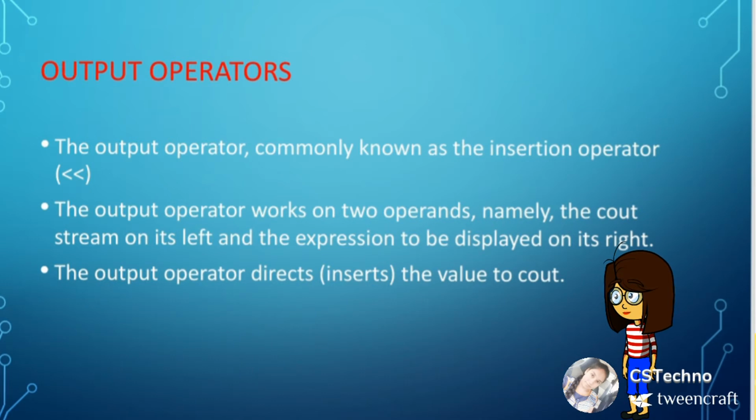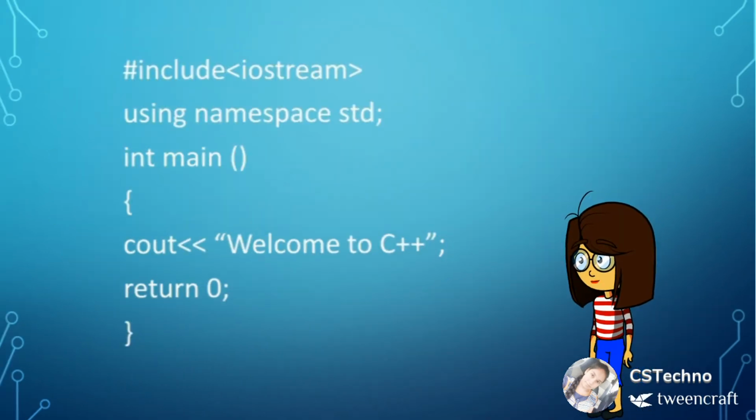Now we'll see an example for output operators. Usually, all C++ programs begin with the include statement, starting with the hash symbol. The header file iostream should be included in every C++ program to implement input and output functionalities.